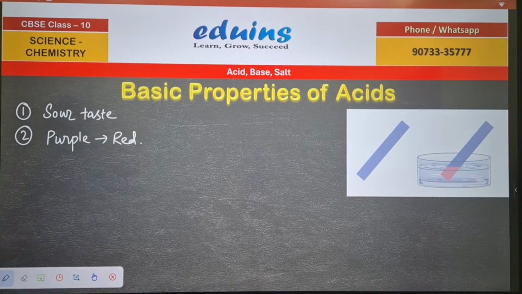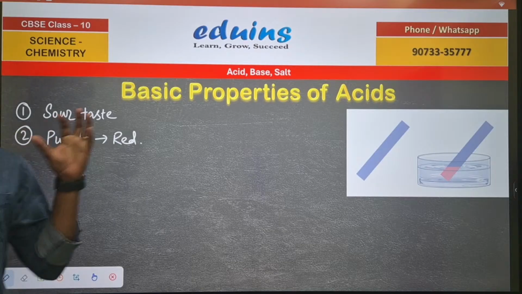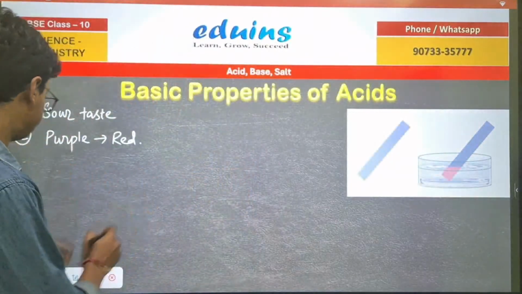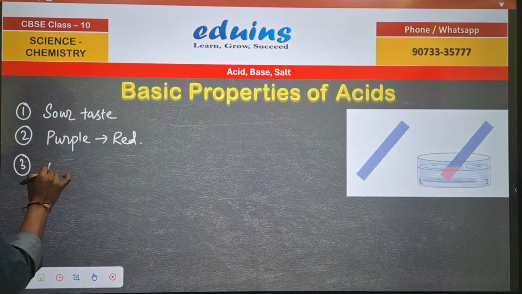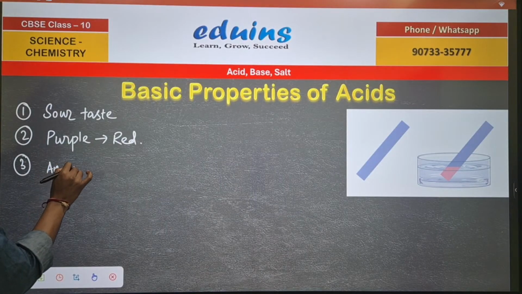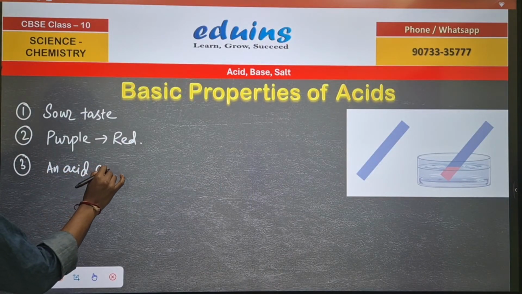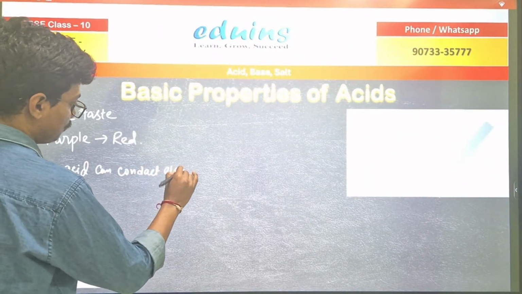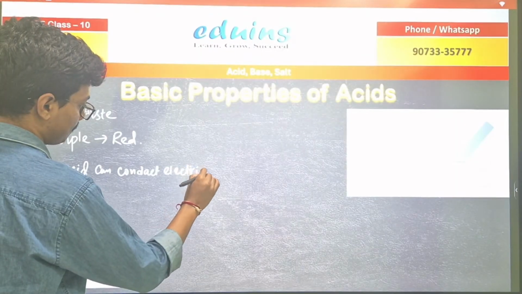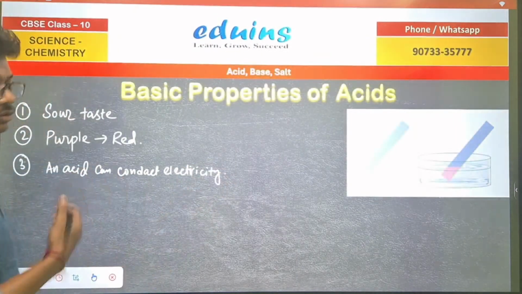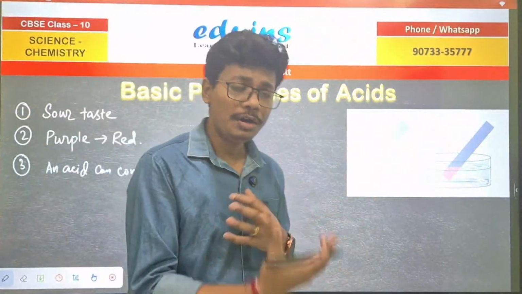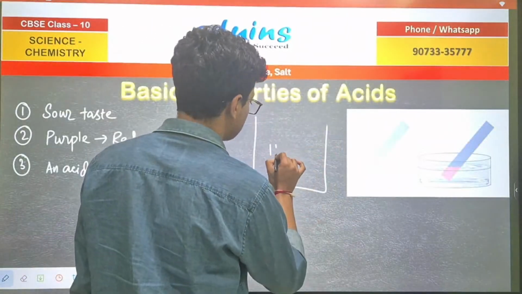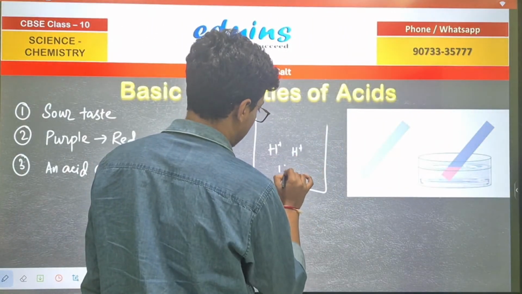Now came to another very important property: the acid can conduct electricity. How? The third property is that an acid can conduct electricity. How can that happen? We have already known that acids release H plus ions in aqueous solution.